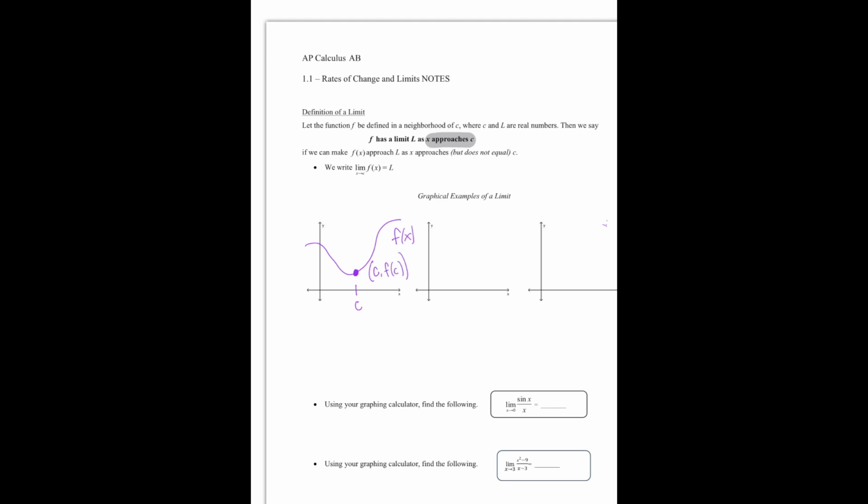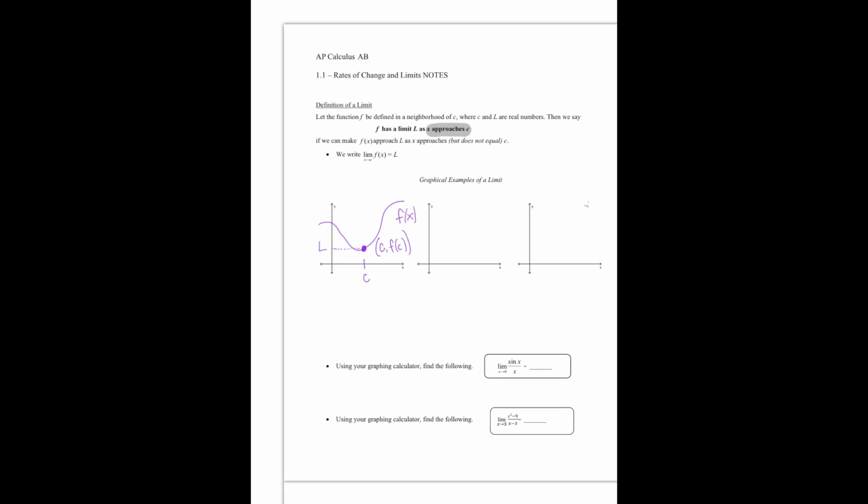All right, hopefully that makes sense. I'm going to call this particular spot over here on the y-axis L. It's some number. I don't know what it is because this is very, very generalized. Okay, but let's talk about this in terms of limits versus the function.